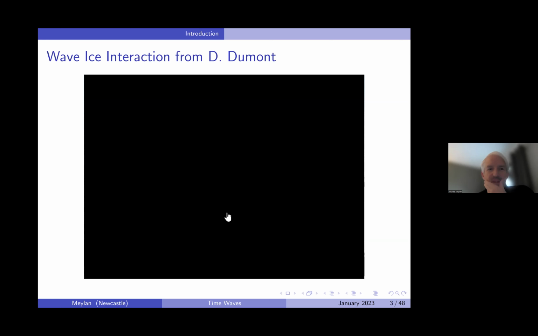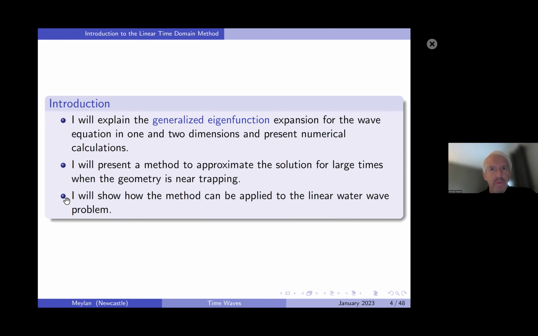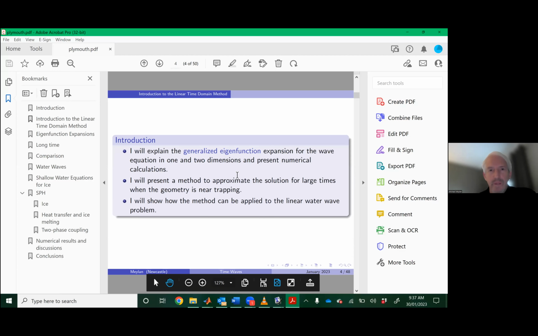This is not a good start. Let's see what's happening. Let me see if I can get this. It'll be very annoying if this doesn't work. Disaster, in fact. It was playing before.